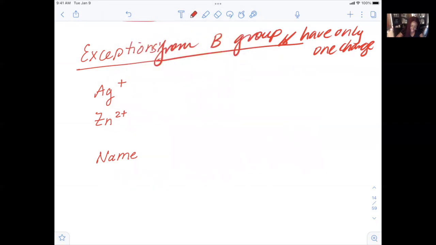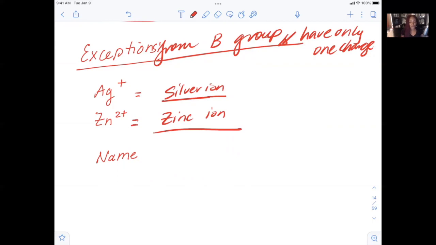When you're naming this, silver will always be +1. So here you will write silver ion. And zinc will always be +2. So you just write zinc ion. And you don't write silver 1 or zinc 2 because it's implied. It's always going to be silver 1.